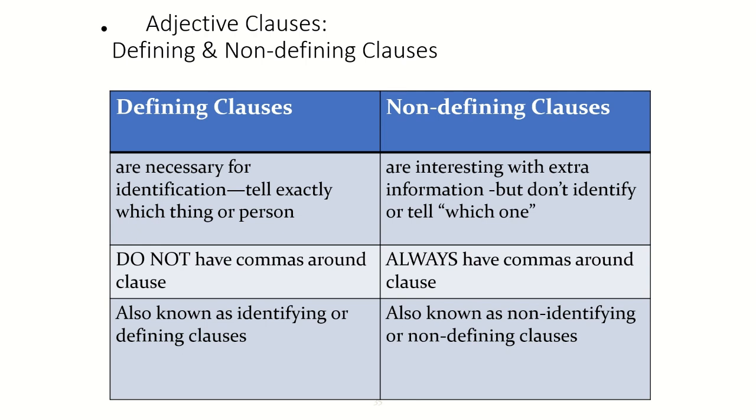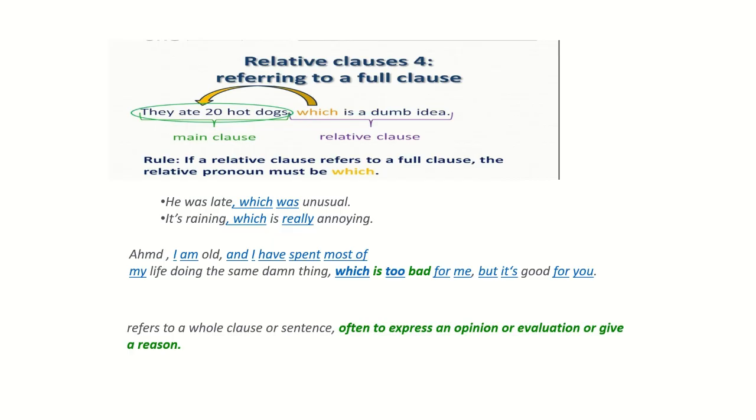While non-defining clauses just add extra information, but they don't identify or tell which one exactly. In non-defining clauses, we use commas. Okay? Here, in defining clauses, I can use that in place of who or which, while in non-defining, I can't use that after a comma.